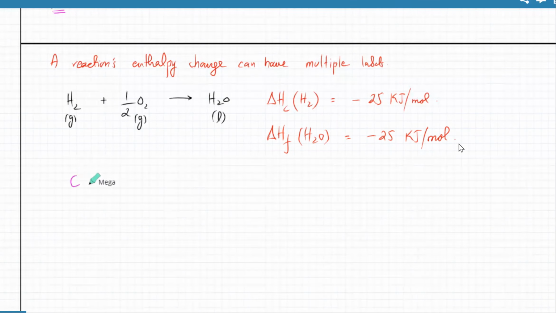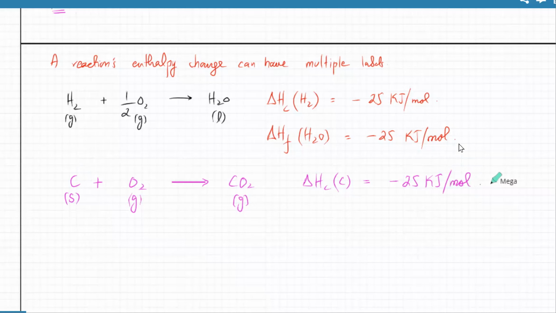And you can assign multiple labels to many reactions. For example, carbon reacting with oxygen and producing carbon dioxide gas. Carbon is a solid and oxygen is a gas. I can call this the enthalpy change of combustion of carbon, which it is: 1 mole of carbon burning in oxygen to produce carbon dioxide. Again, let's give a hypothetical value, minus 25 kilojoules per mole.